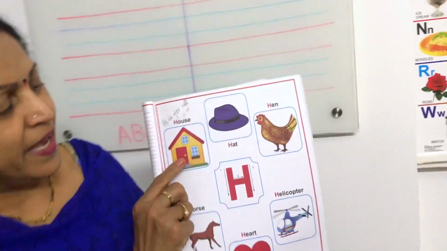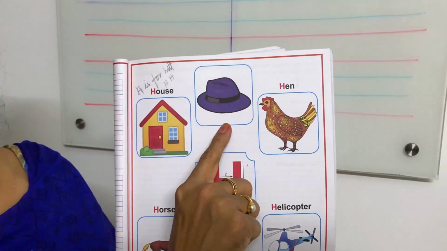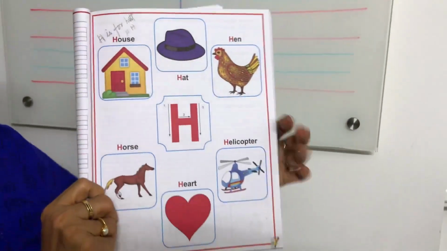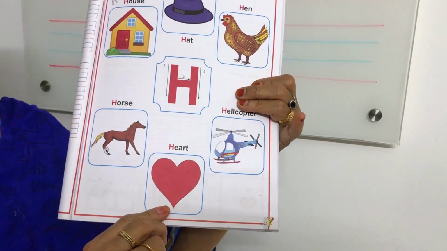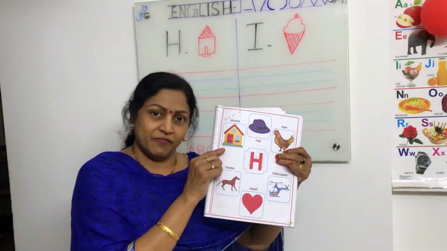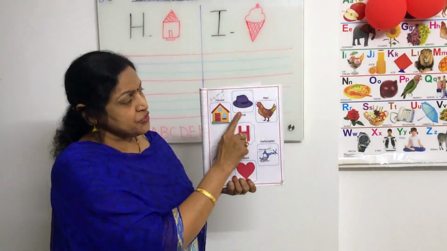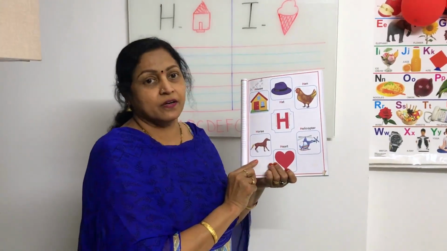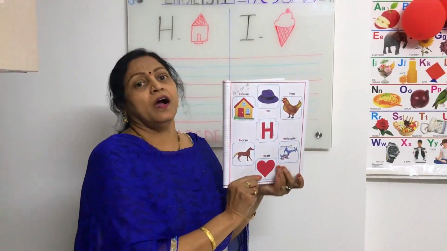H for hut, H for hat, H for hen, H for horse, H for heart, H for helicopter. Shall we read again? H for hut, H for hat, H for hen, H for horse, H for helicopter, H for heart.